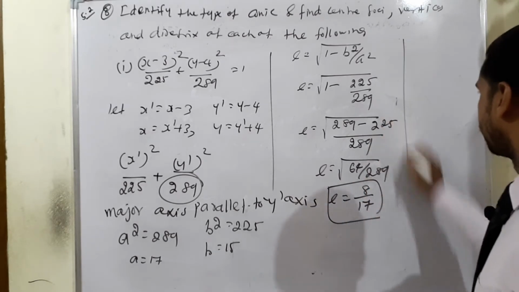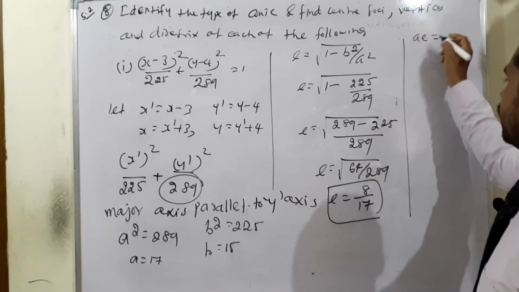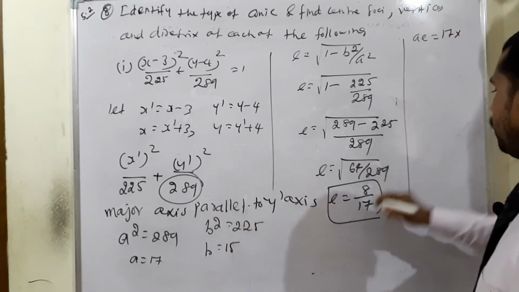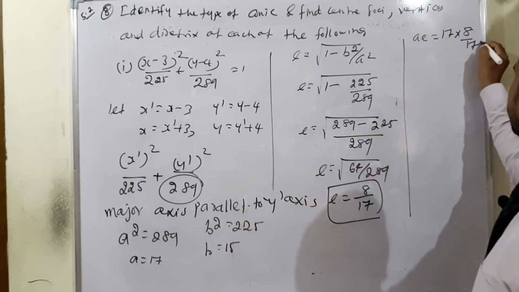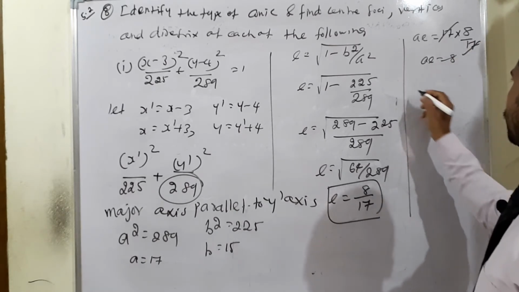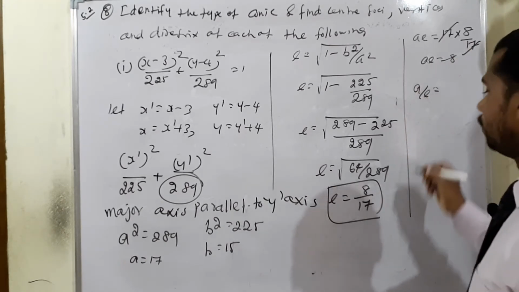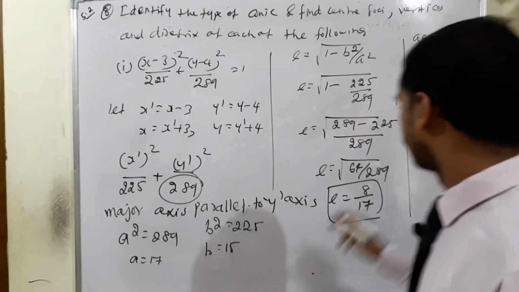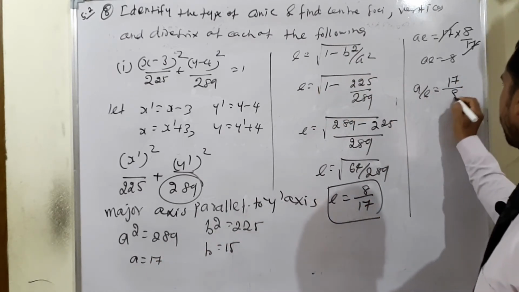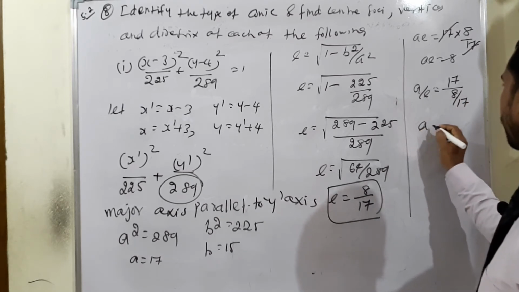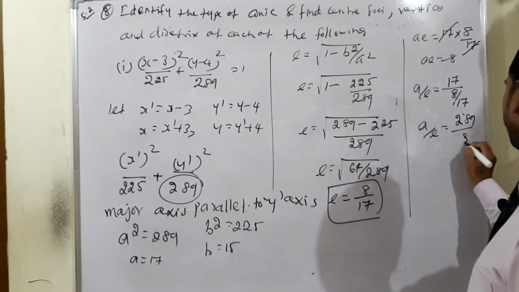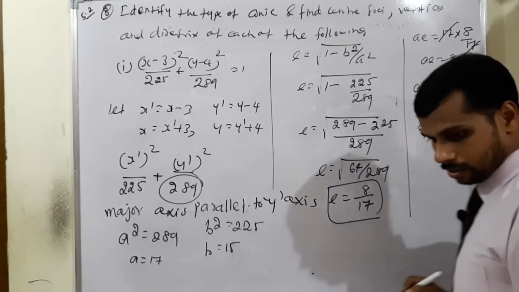After getting the eccentricity, what is the value of AE? A is 17, so 17 into 8 by 17, the 17 cancels, so AE is equal to 8. Then A by E: A value 17, E value 8 by 17. Therefore A by E is equal to 17 into 17, that is 289 divided by 8.